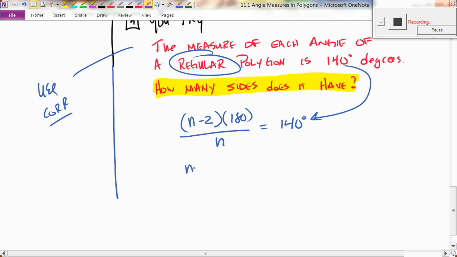So this tells me that n minus 2 times 180 has to equal 140n. I multiply both sides by n. Distributive property: 180n minus 360 equals 140n. You with me now?